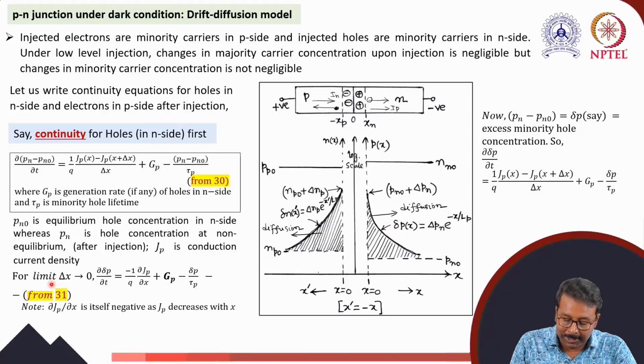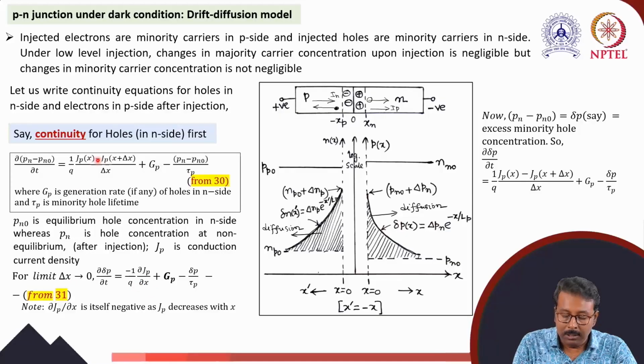So for the limit delta x tends to 0, we can write the left hand side as del t of Pn minus Pn0. Let us express this Pn minus Pn0 in terms of delta P. Delta P is the excess minority holes. So this equation becomes del t of delta P is equal to 1 by q into minus del Jp by del x in the limit of delta x tends to 0.